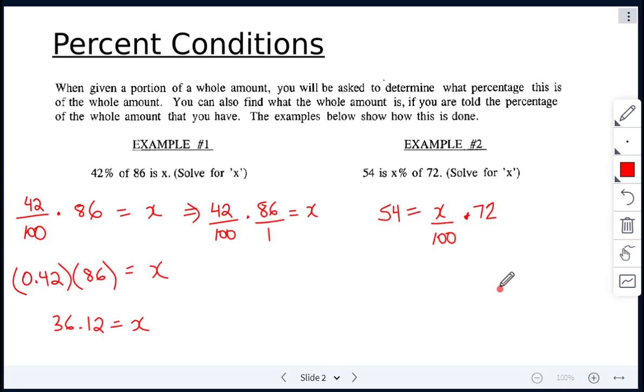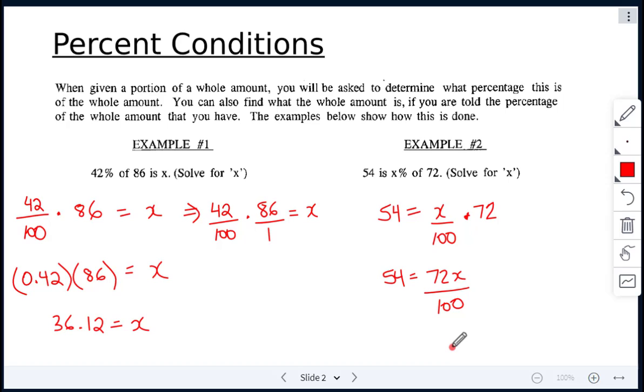Again, that dot represents multiplication. Now we can just multiply this out. So 54 is equal to 72 times X, which gives me 72X over 100.